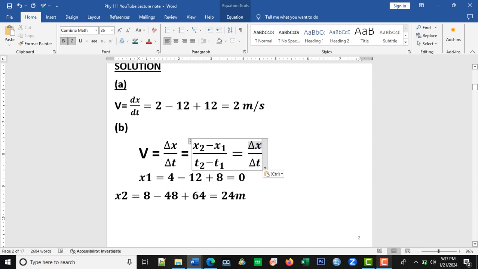So I'm going to edit this and replace 24. And for t2 minus t1 would be 4 minus 2, the time that was given in the equation, which is 2. So 24 divided by 2 will give us 12. So the velocity becomes 12 meters per second. So that is how far we can go for this very problem. Let's look at the next one.